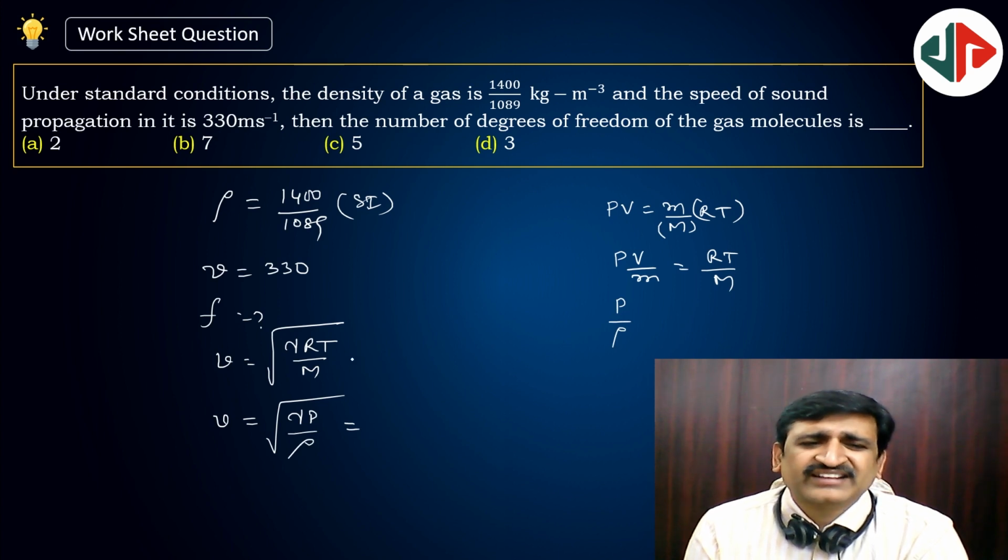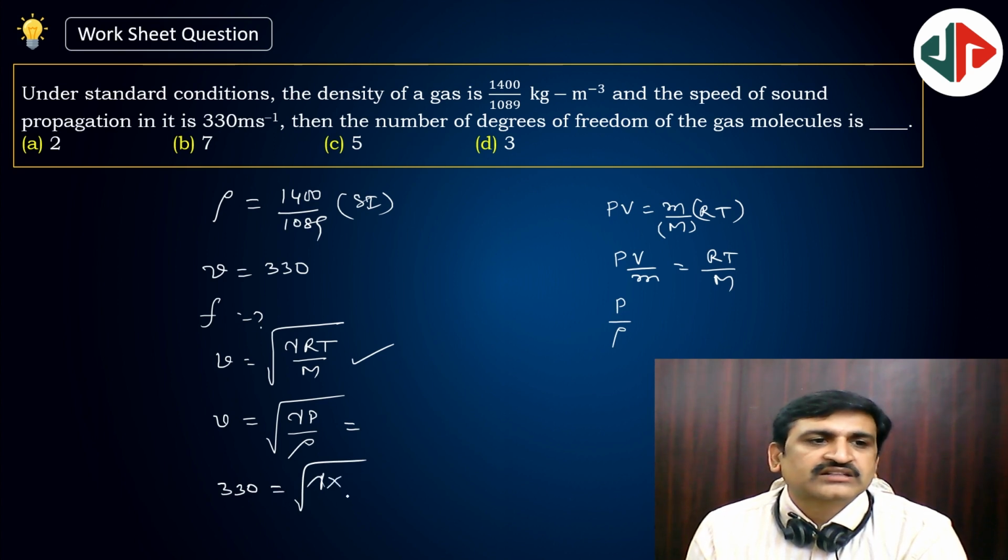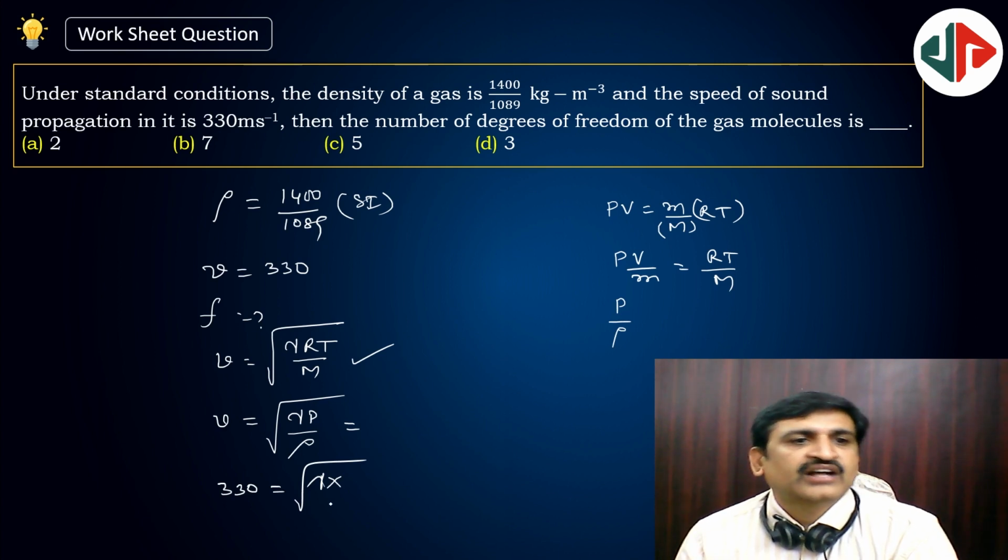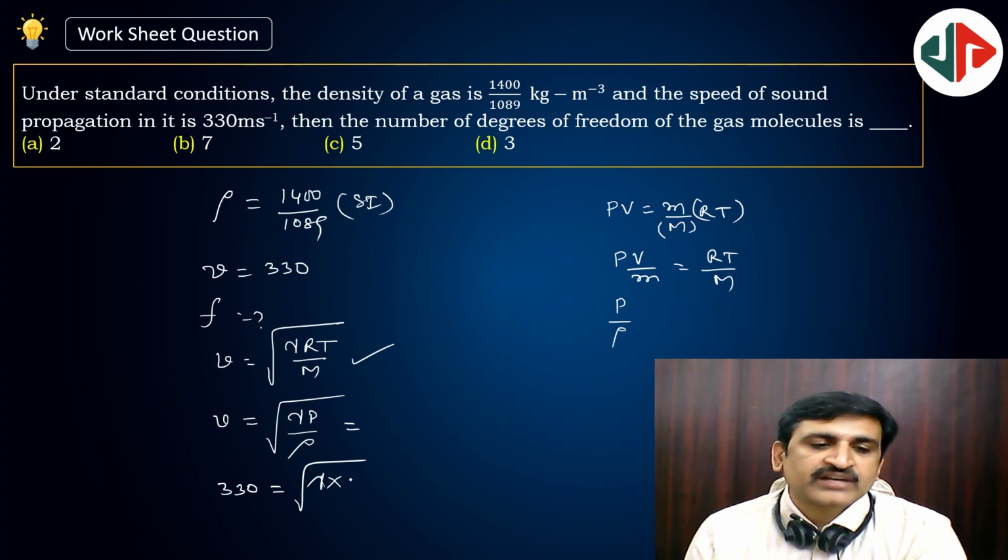But I recollected this. So velocity 330 equals square root of gamma P by rho. If you can find out the gamma value, then the degree of freedom automatically comes. Pressure and density are given under standard conditions, so that means 1 atmospheric pressure, 10 to the power of 5 pascals.